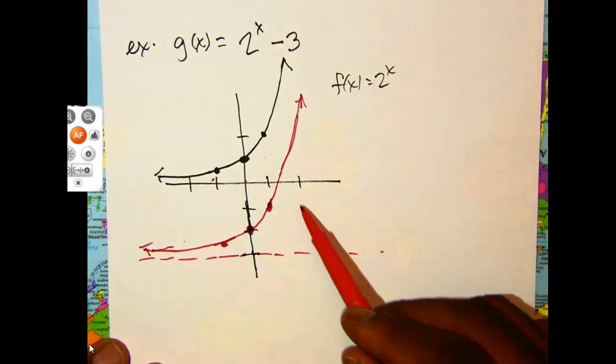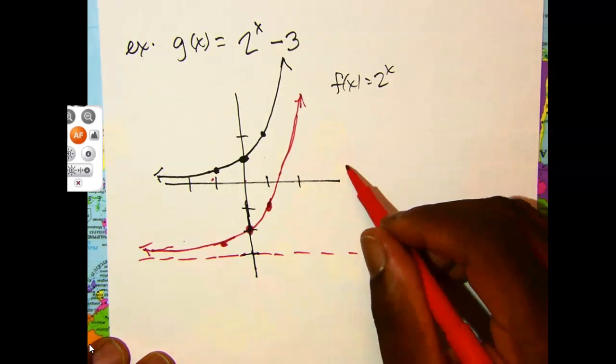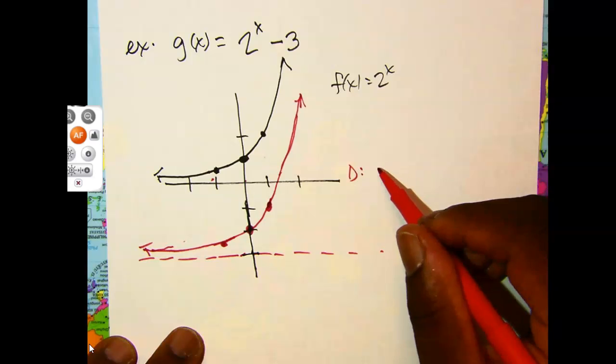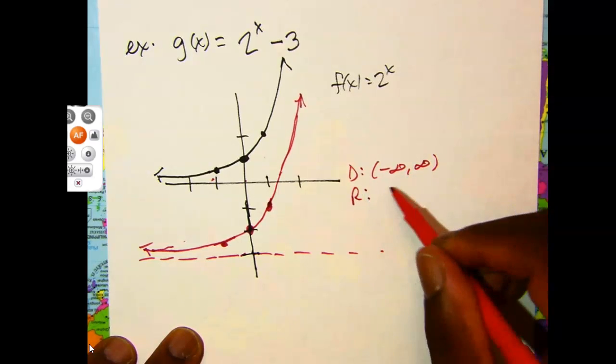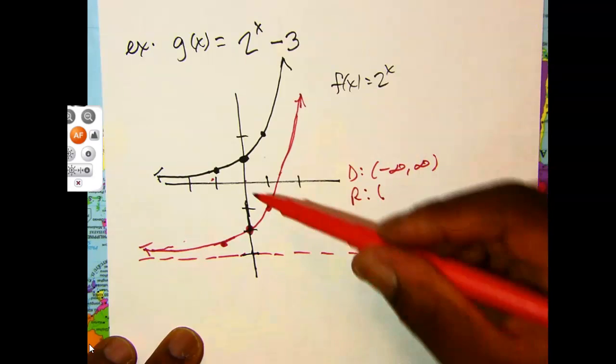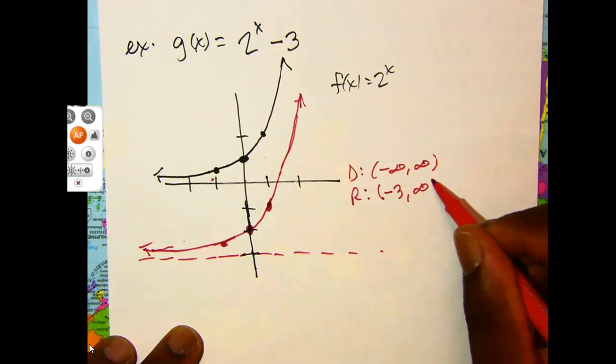So here, our domain is still all real numbers. Our range, instead of going from 0 to infinity, now goes from negative 3 to infinity.